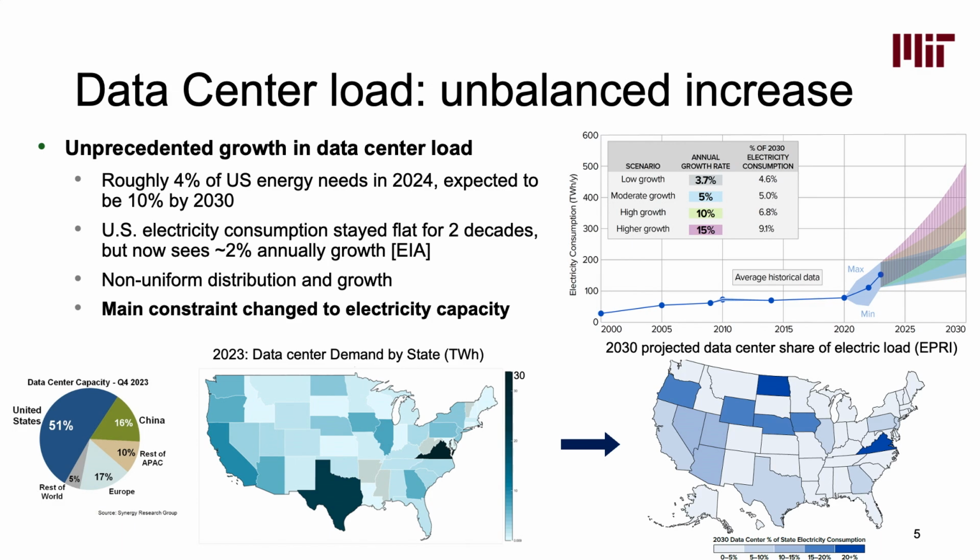Another fun fact is that, specifically in the US, in the past 2 decades, because a lot of factories are moving out, the entire grid remained stable, meaning almost no increase for about 15 years. The annual growth was only 0.1% at the entire grid level.